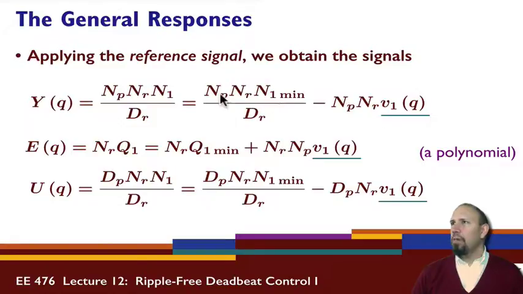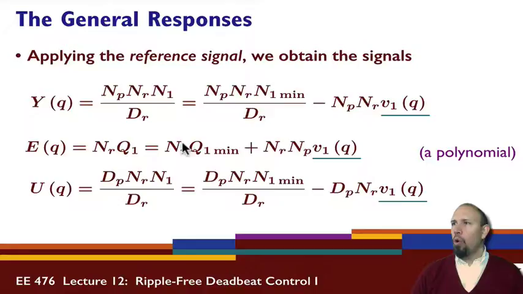So I have this term that you can think of as our minimum order solution, and then we have this additional response term, a function of v1, that can vary the response. Similarly, I can write e this way, and in this case, remember, it's just a polynomial. The dr term canceled, and so again, I have this as just a polynomial.